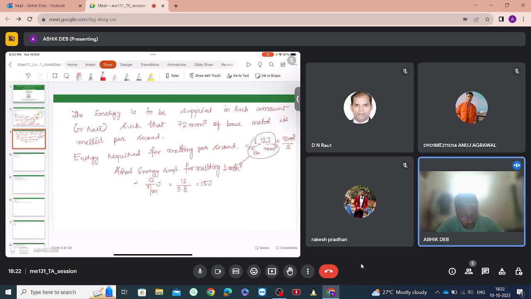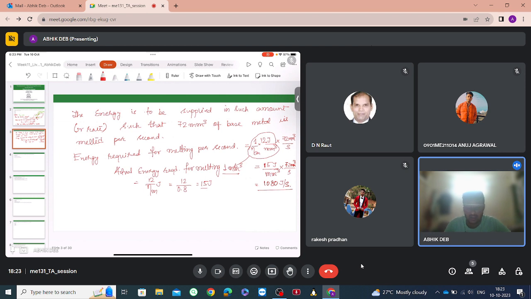So for melting 1 millimeter cube, 15 joule of energy is required. So here we can put 15 joule per mm cube multiplied by 72 mm cube per second. So this is 1080 joule per second. So this is the energy to be supplied per second.